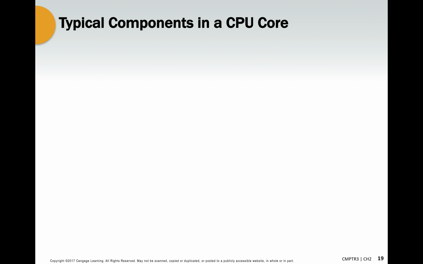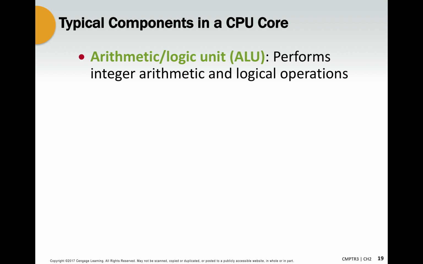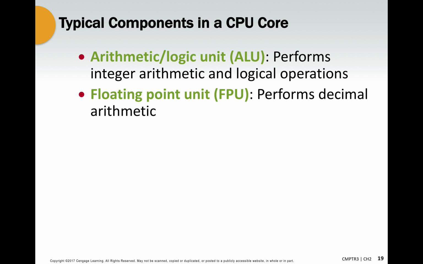Typical components in a CPU core are the arithmetic logic unit, or ALU, which performs integer arithmetic and logical operations, so math operations. Your floating point unit performs decimal arithmetic functions.